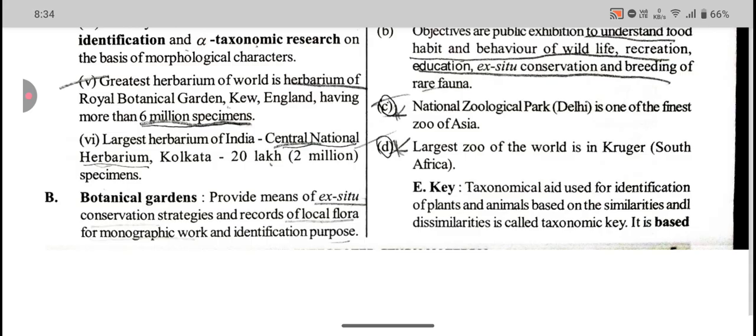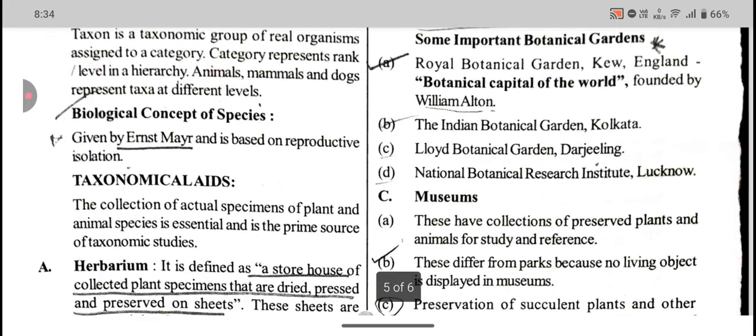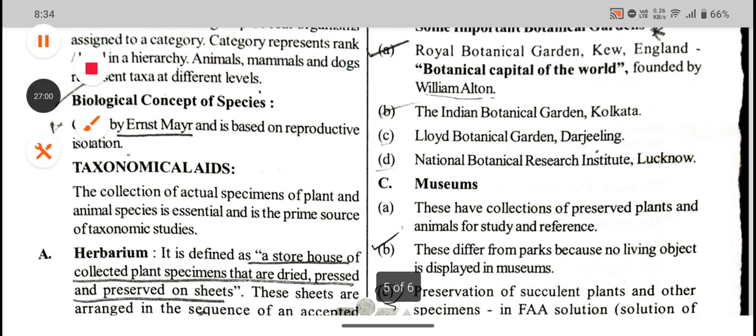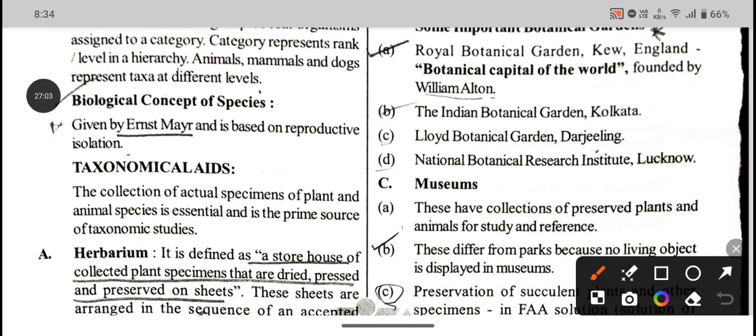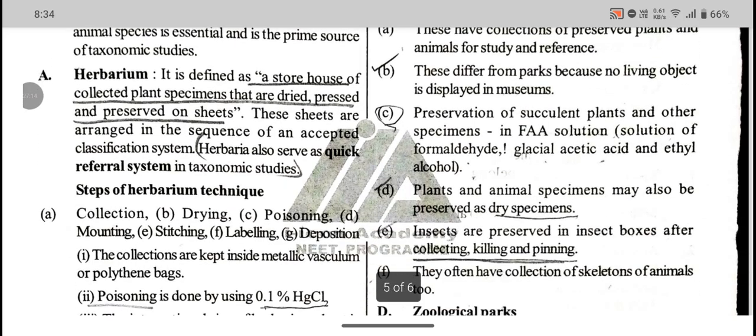And we have botanical gardens for study. They come under ex situ conservation strategies and are used for records of local flora, monographic work and identification purposes. The Royal Botanical Garden, Kew, England, the Indian Botanical Garden, Kolkata, and the National Botanical Research Institute, Lucknow, are a few important botanical gardens.